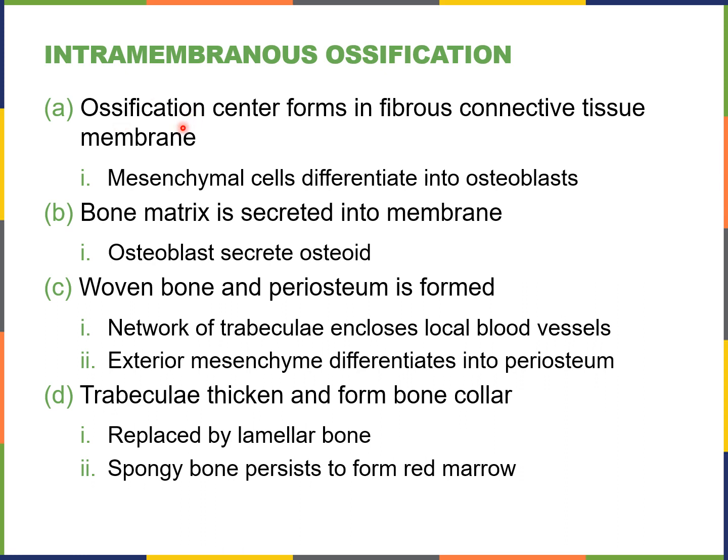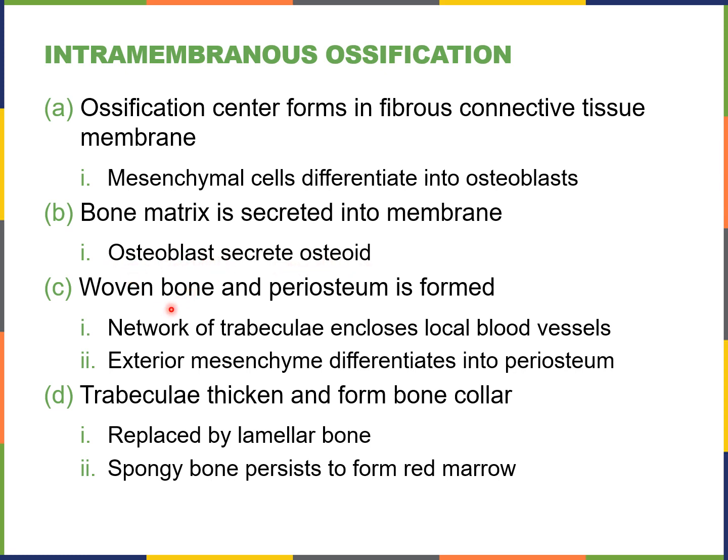So what first happens is the ossification center forms within the fibrous connective tissue membrane, and these mesenchymal cells differentiate into osteoblasts. Then bone matrix is secreted into the membrane, and those osteoblasts secrete osteoid.